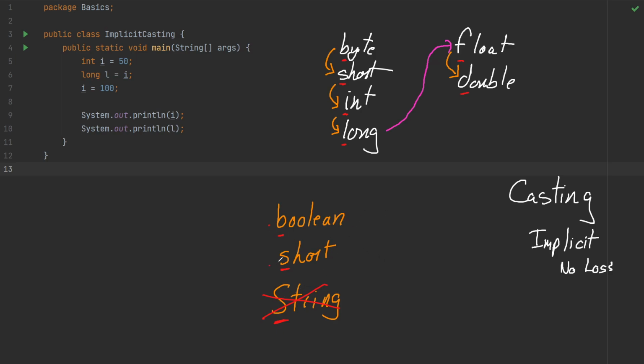Now, for Boolean and short, let's talk about Boolean first. Remember that Boolean could only have the values of true and false. That was our goal with creating this type. Boolean is true or false. Now, how does true or false convert into any of these? How does it convert to, let's say, integer? Well, it doesn't really.